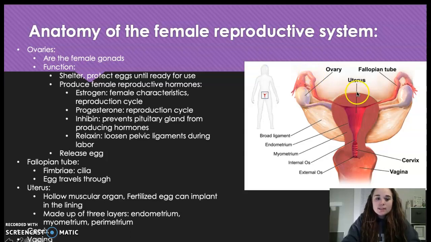The uterus is a hollow muscular organ, and once an egg is fertilized, it can implant in the lining of the uterus. The uterus also has 3 layers, which include the endometrium, myometrium, and parametrium. From the uterus, at the bottom here, it goes into the cervix, and then from the cervix, it goes into the vagina.